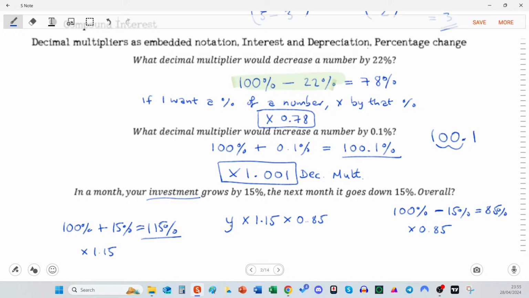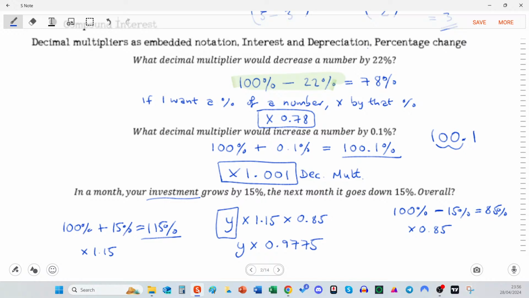And what we want to know is overall what has happened to Y. So we can look at these two numbers and see what they are overall. So 1.15 times 0.85 is, and I'll write this down, 0.9775.